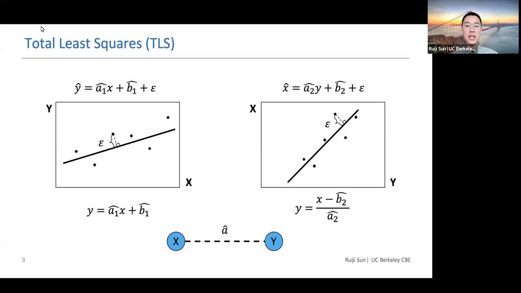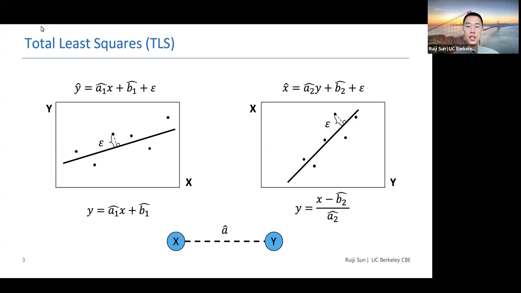Third, we need to minimize the sum of all errors, and we can derive the model coefficients A and B. We call the model coefficient A the correlation coefficient, and it can be visualized as the slope of the regression line. Then, on the right side of this slide, I switched the position of the x and y-axis.